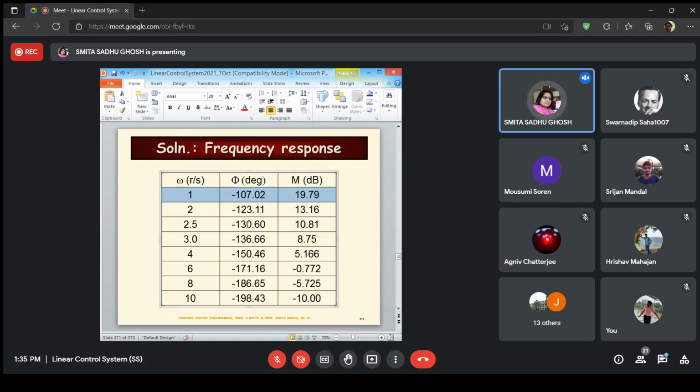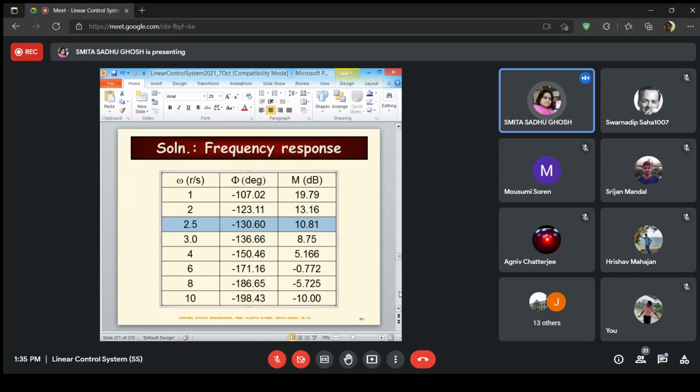So here an additional frequency has been inserted, 2.5, where you would also be able to use that frequency as your possible or desired gain crossover frequency, so that you can ask for about 5 degrees of phase lag from your compensator, and similarly the gain.